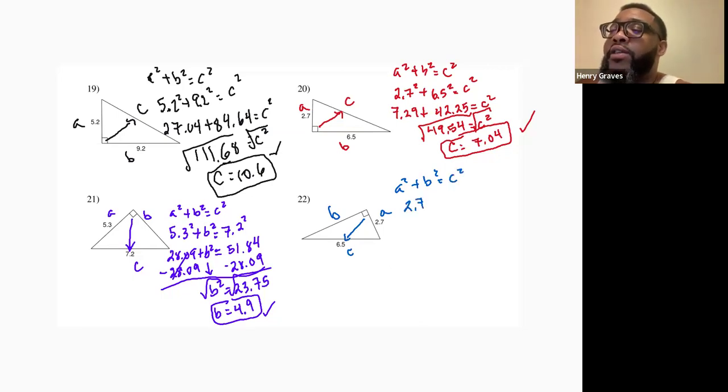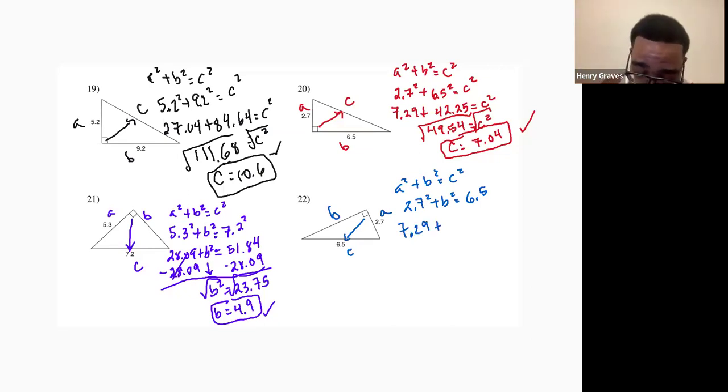Look at that. I already know what 2.7 squared is, 7.29. Same thing I got on number 20, right? I already have 6.5 squared before, 42.25. But now we have to subtract on both sides.